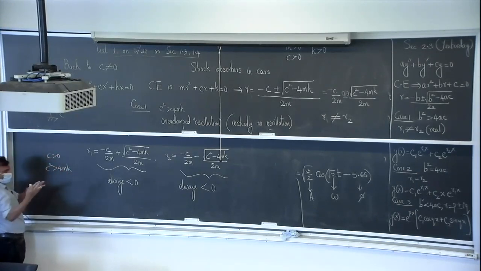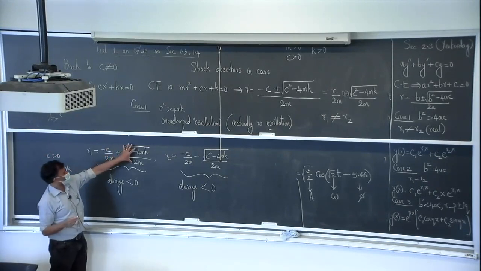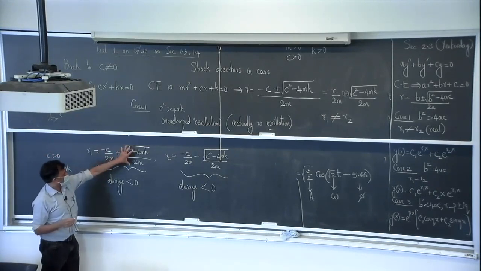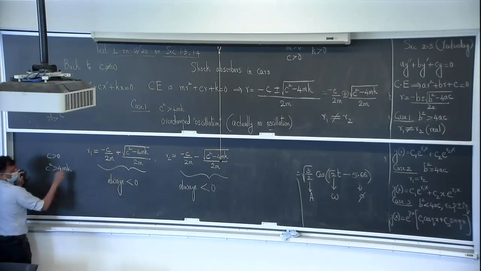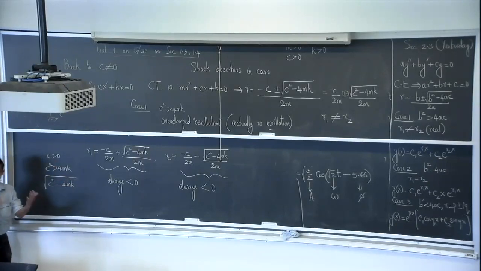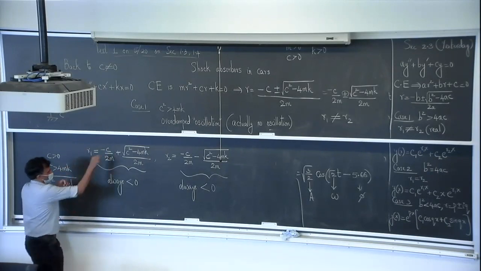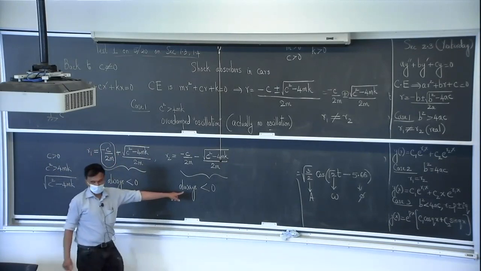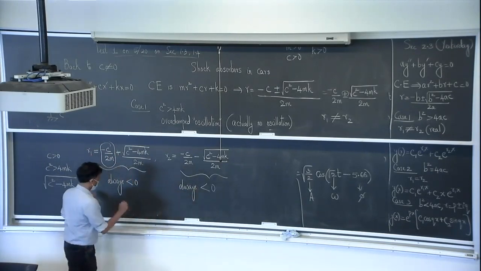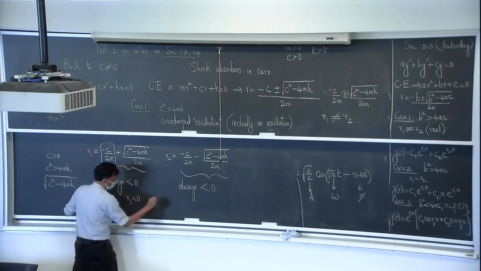I think your question was what if this term comes out to be a stronger positive term than this? That won't happen, because when you take c², subtract something, and take the square root, it becomes smaller. By the time you're done, the -c/2m term is the dominating term. So this is negative, that is negative, always. Both R1 and R2 are negative.